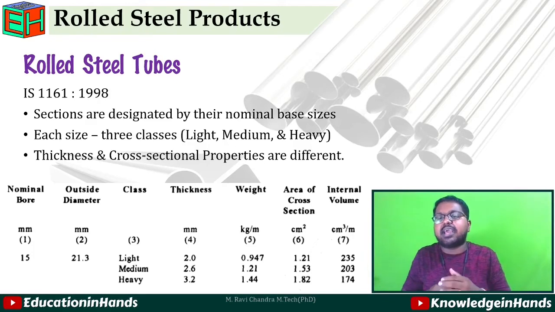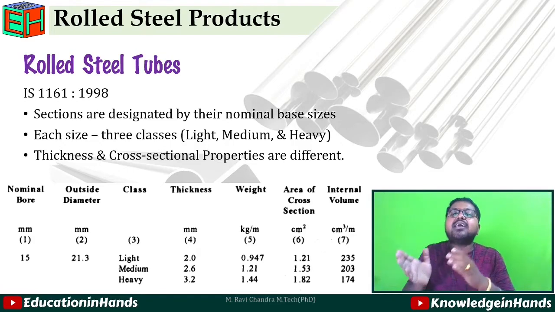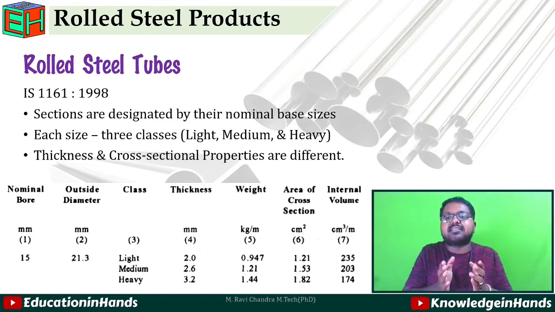If we see down here, we have a 15 mm dia tube, but it is having three categories: light, medium, and heavy. Thickness and cross sectional properties are different for these three categories, but the nominal size is the same for all the three categories. This is shown only in the IS 1161 code.